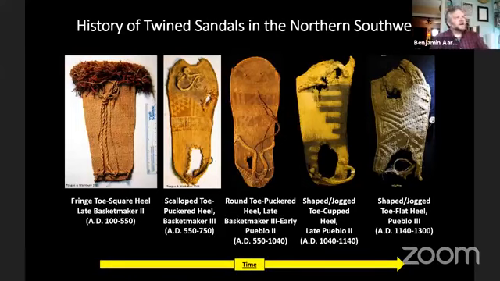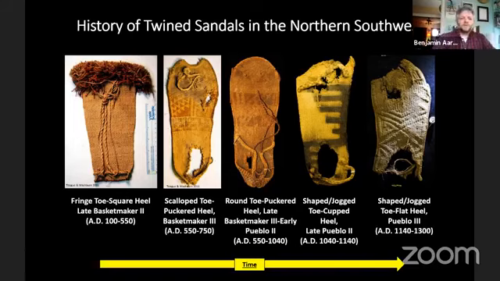So to get into that, I'll talk real briefly about the history of twine sandals over time. In that definition of fashion, they were really a fixed garment. Probably they were made for over 1,000 years in the northern Southwest, from about 800 AD in the late Basketmaker II era, all the way until about 1300 AD.